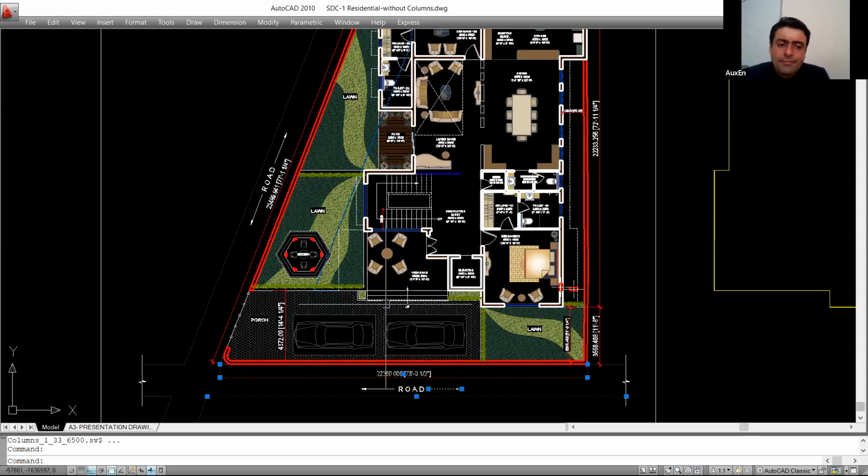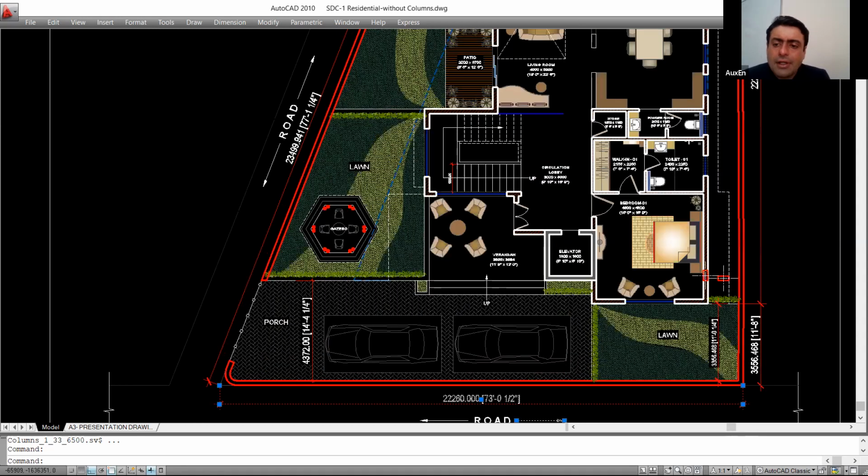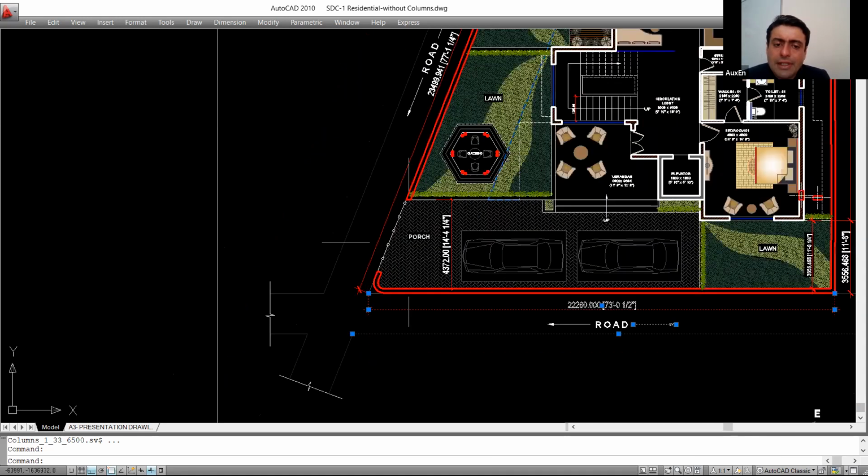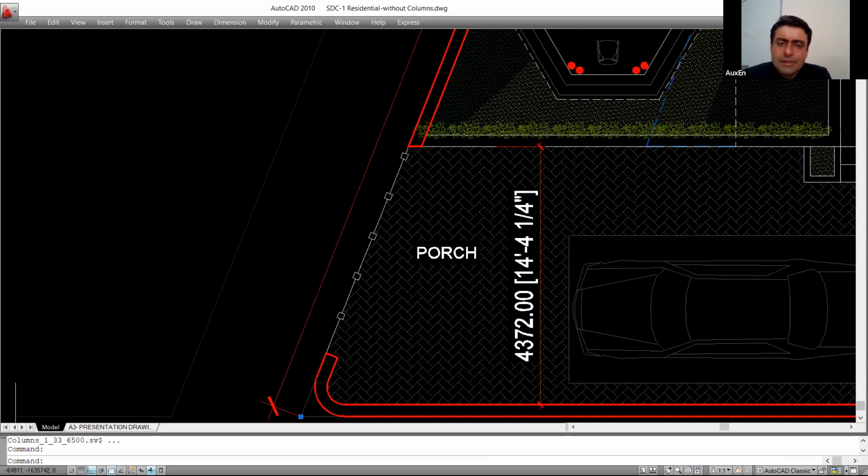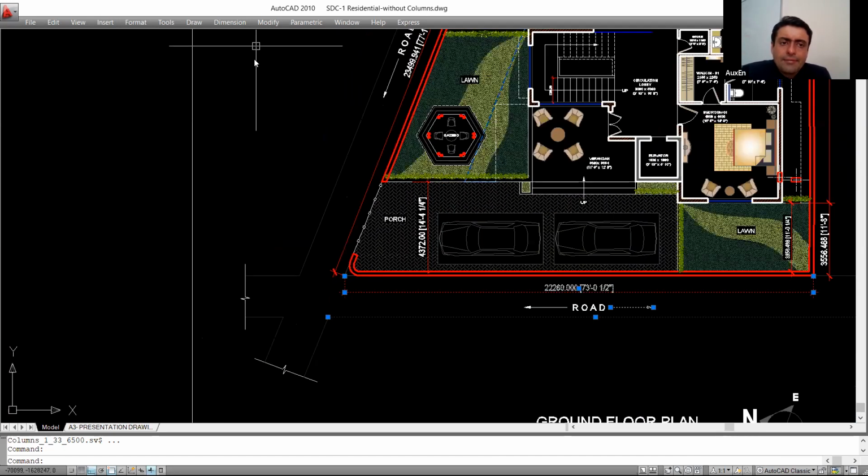Now let us see the entry. The entry they have taken is from this side. So you can see this is the entry gate. This is the point from where they will enter. Now what do we call this portion generally?